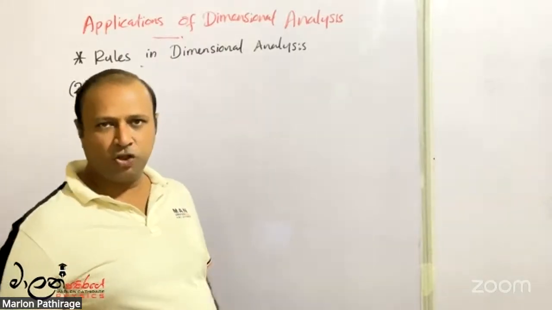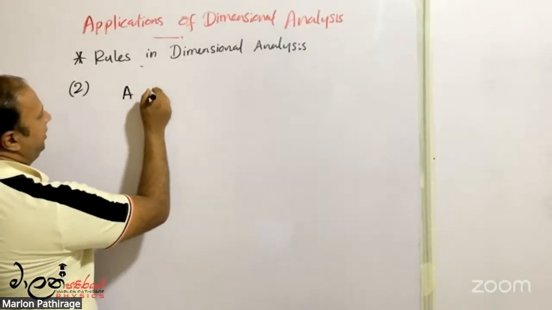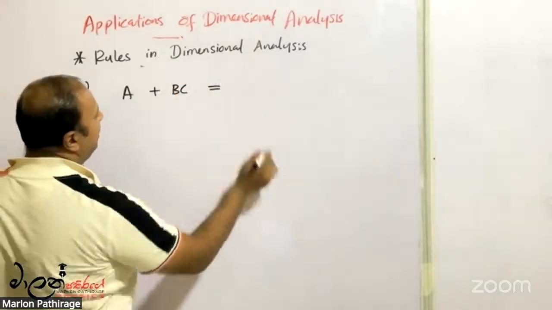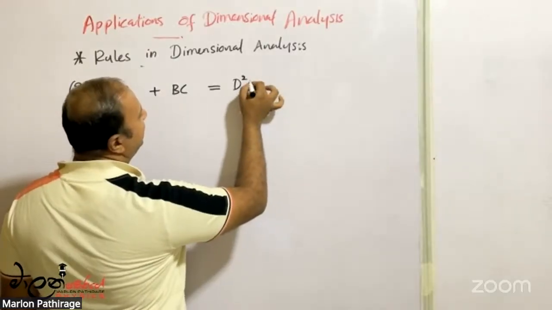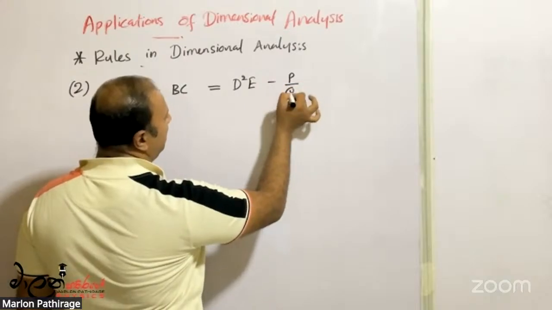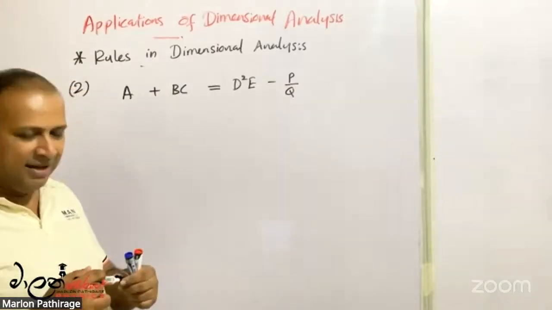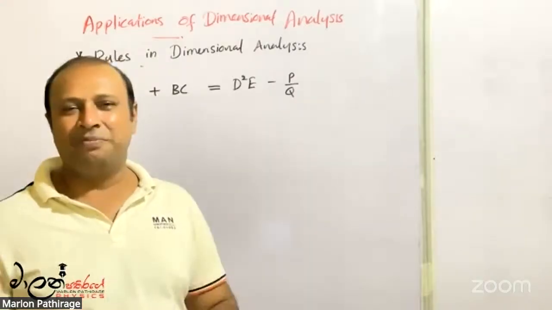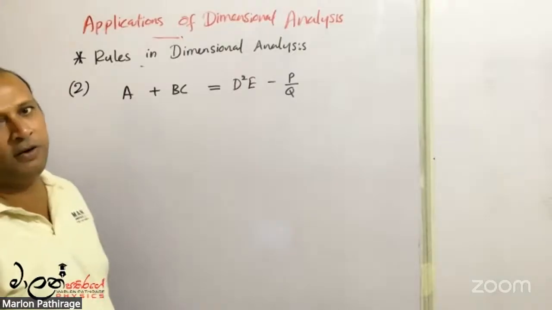Assume there's an equation: A plus BC equals B squared, E minus P over Q. Those are terms. They are some physical quantities, no need to worry about them. This is an example.